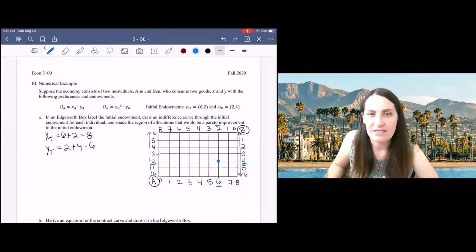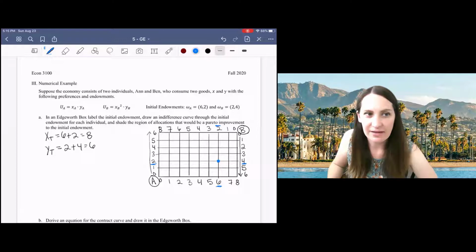This is the point we start out with, but of course it might not be the point we end up at. That depends on how much Anna and Ben like X and Y and if they're willing to trade with each other. To see that, we can plot their indifference curves through the initial endowment.